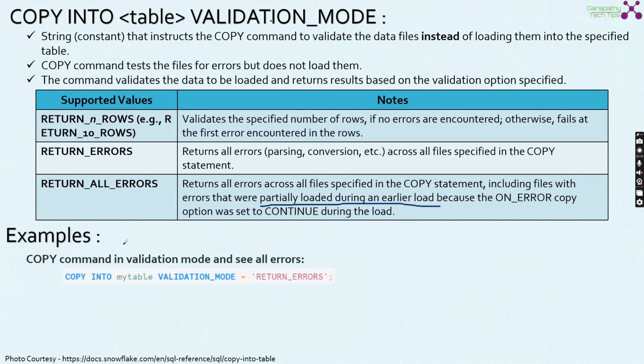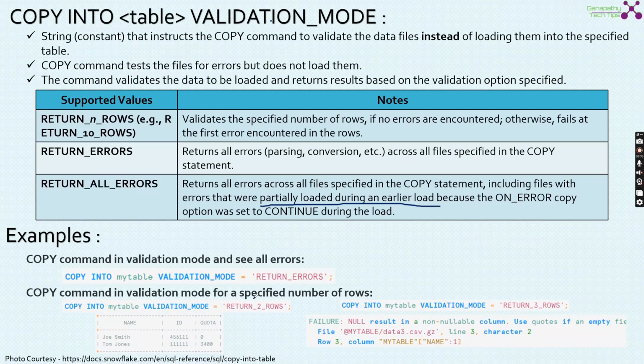Coming to the examples, the first example is to see all errors, as we already saw. So copy into my table validation mode equal to return errors. This will return me all the errors possible across all the files specified in this specific copy into statement. And moving on to the next type, specifying the number of rows using the first option, return 2 rows.